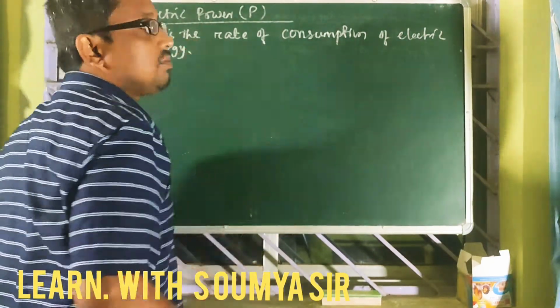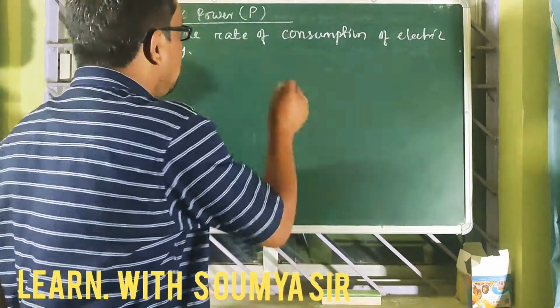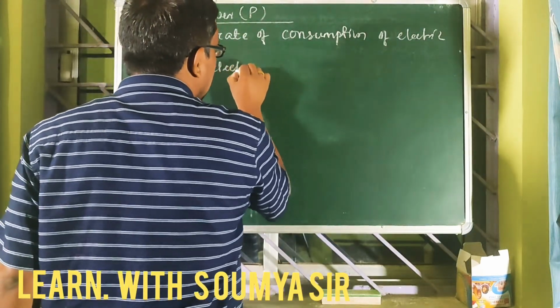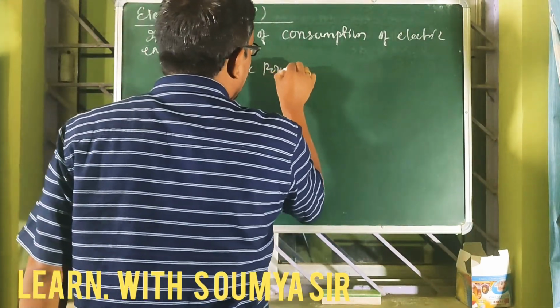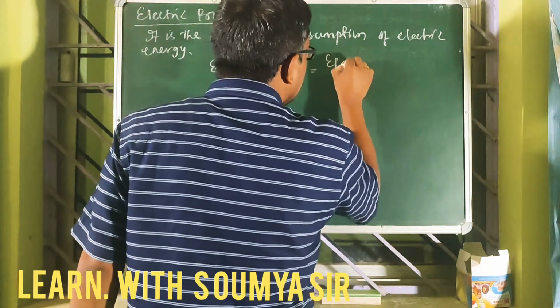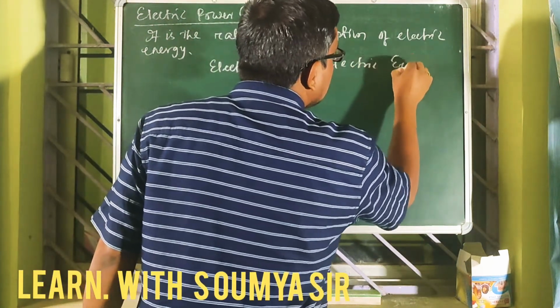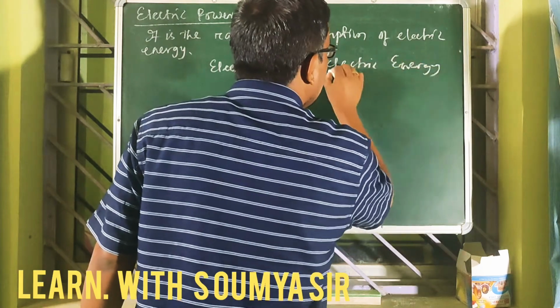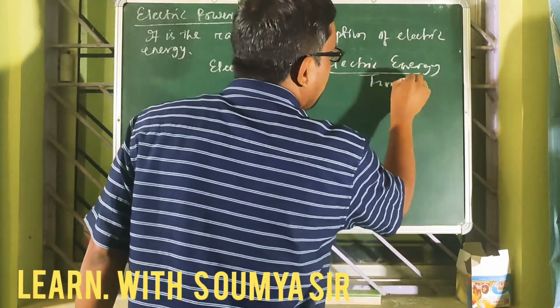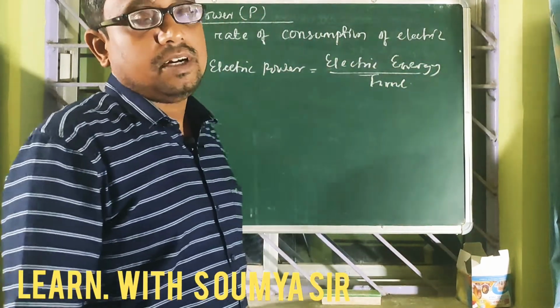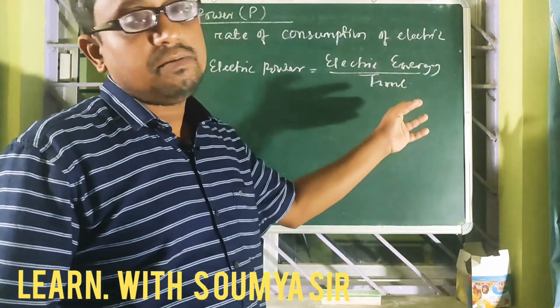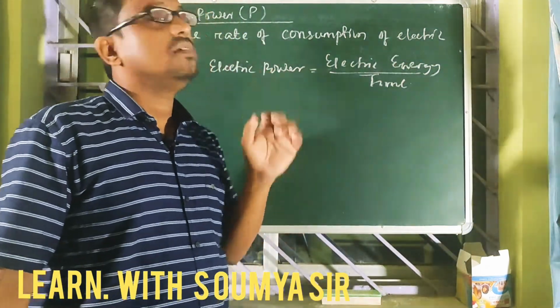Power, electric power is equal to electric energy by time, because rate means divided by time. So electric energy by time will be equal to electric power.